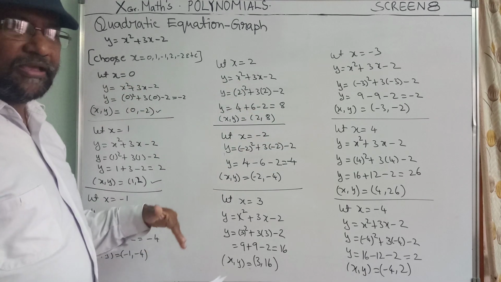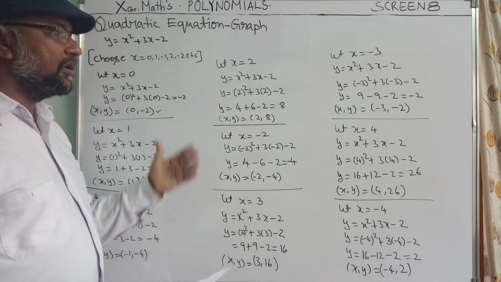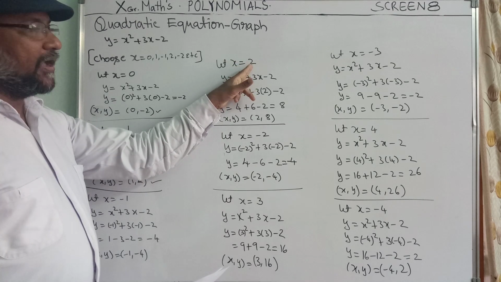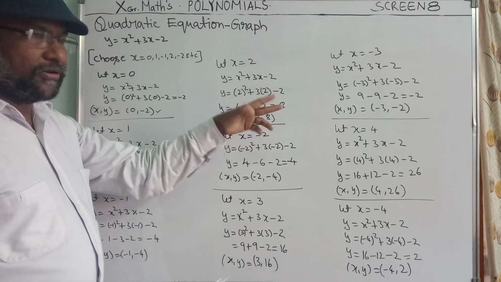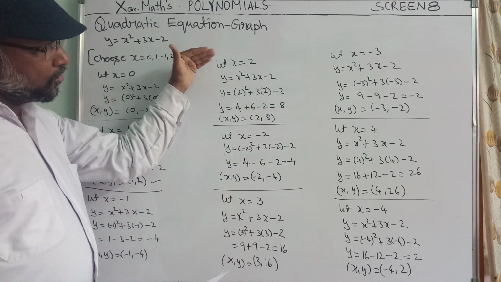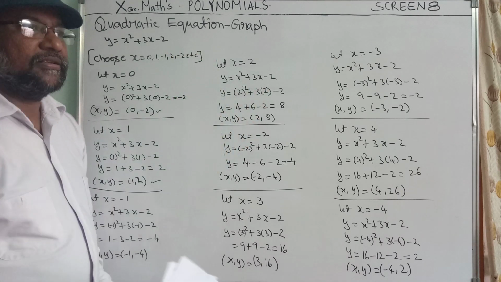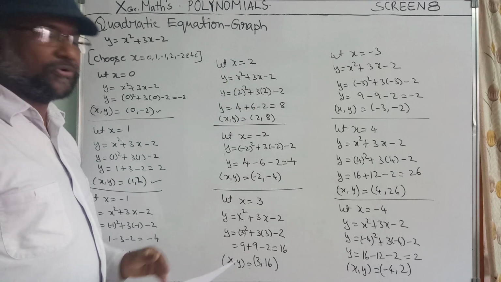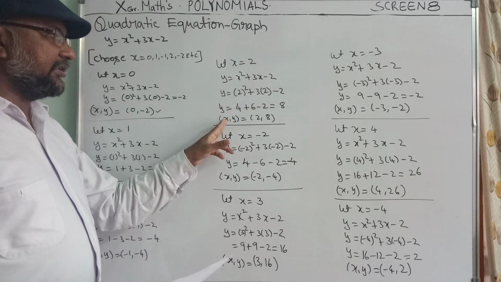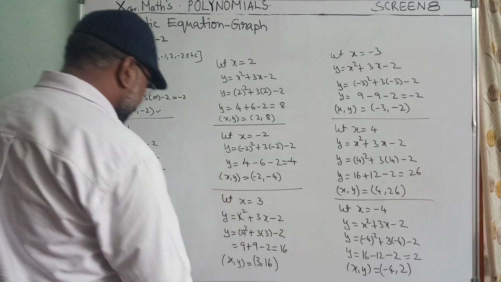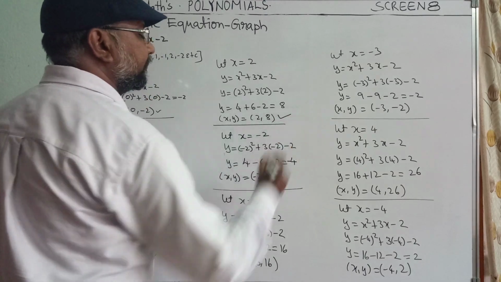The same method we are repeating several times with several values of x. If you choose an x value, you will get a corresponding y value. So if you go for the least values of x, you will probably get the related least values of y. Now here x comma y is equal to 2 comma 8, we got it. This is the fourth coordinate point.